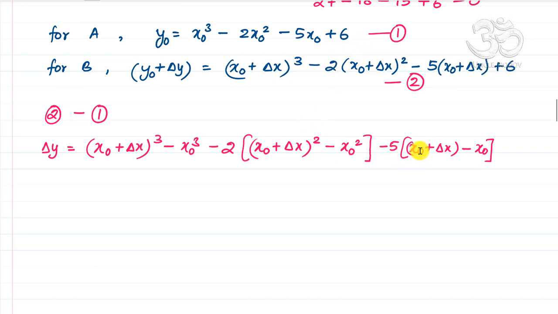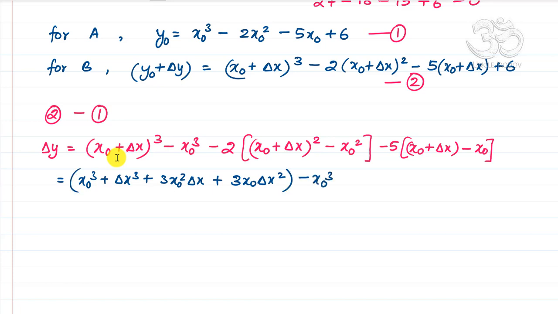Yeah, so let's do this job of evaluating the right hand side now. From the first term, we will have to open it up physically. So a cube plus b cube plus 3a square b plus 3ab square minus x naught cube.